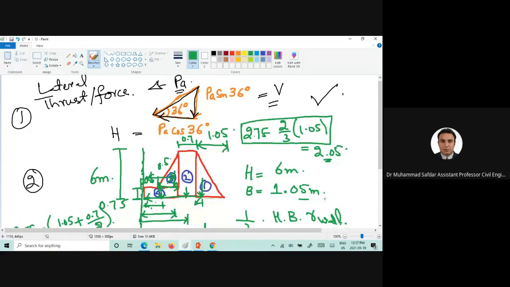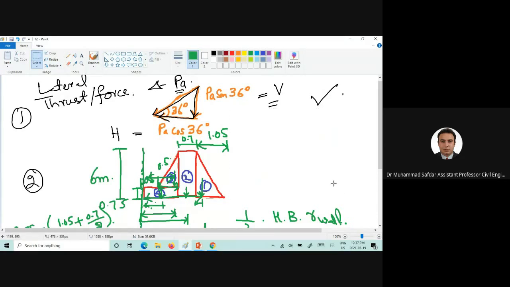Now it got a bit messy here, but let's see. For the fourth one, it's simply 0.5 because it would be acting at the middle of this part 4.